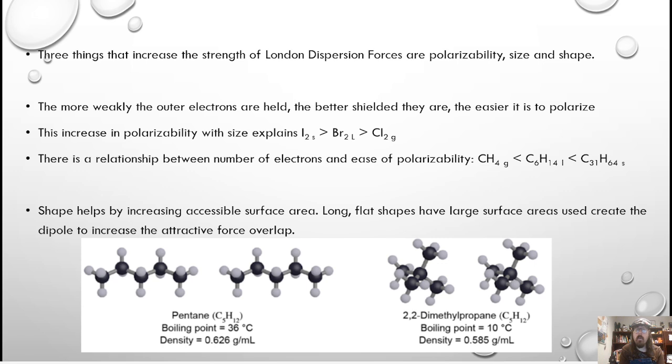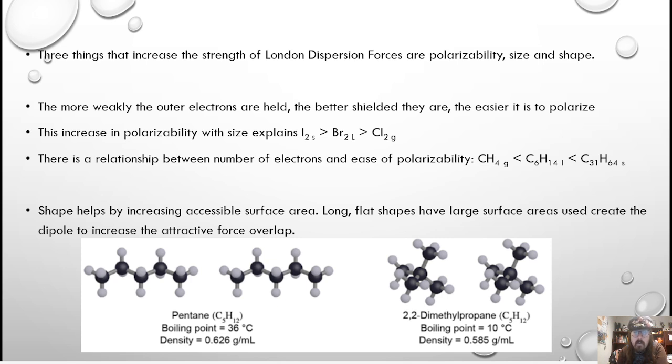So iodine, with its, let's see, how many electrons would that have? Like 53 electrons, is far more polarizable than bromine with its 35 and chlorine with its 17. So even though the molecules essentially would look the same and act the same, chlorine is a gas because it has weaker London dispersion forces.